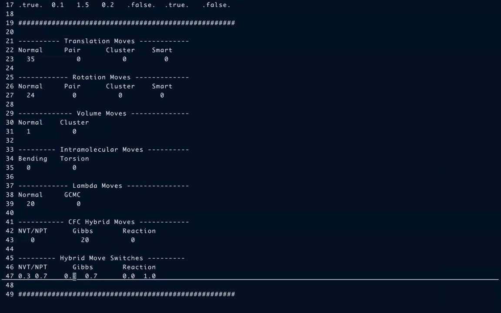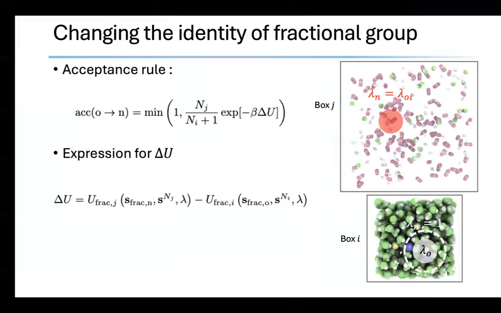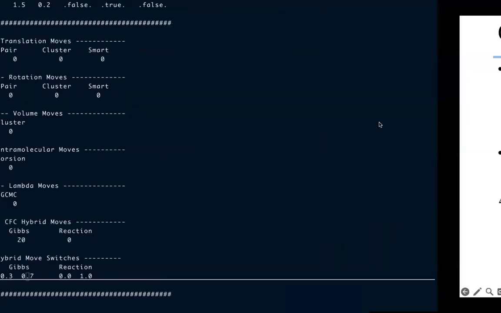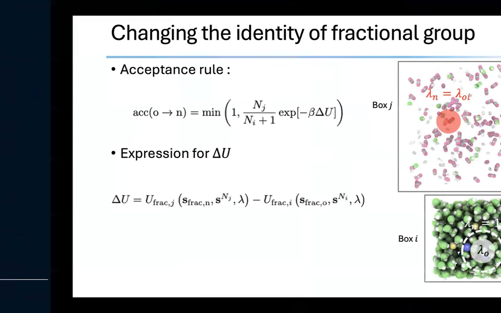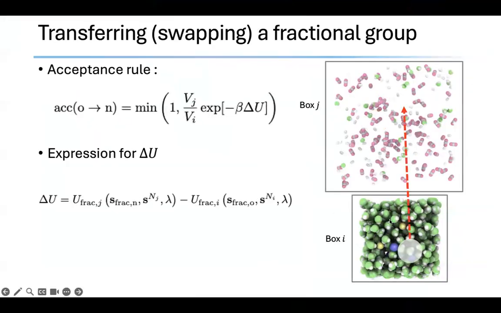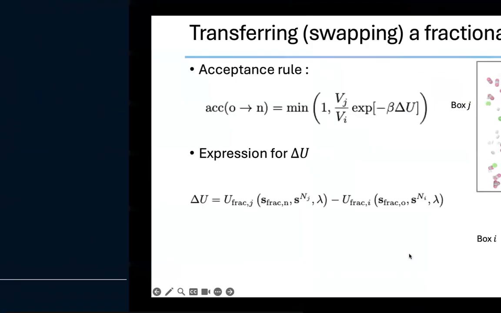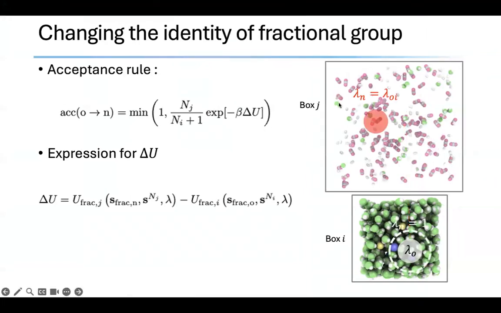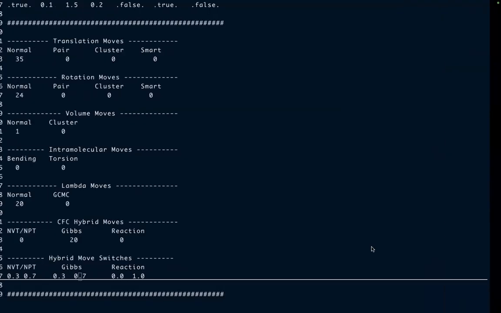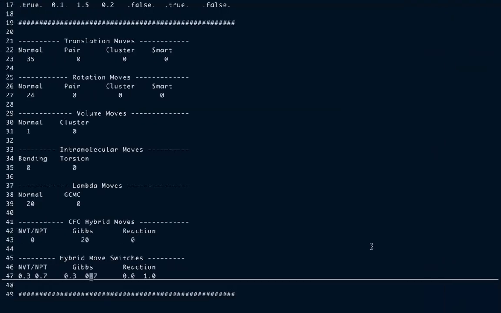And here in the hybrid move switches, we say this should be 0.3 and 0.7. What this means is that your swapping is usually performed for lambda values of fractional molecules that are less than 0.3, and you only do the change in the identity of the fractional group once your fractional molecule has changed to more than 0.7.